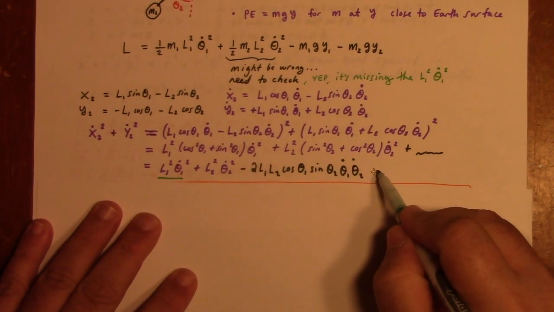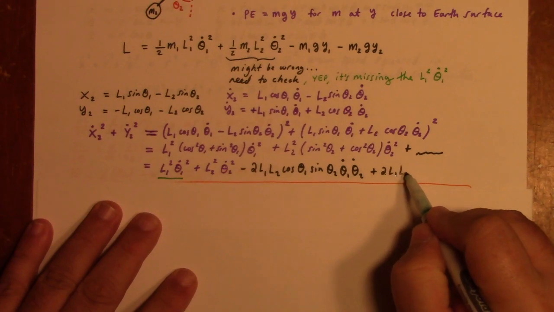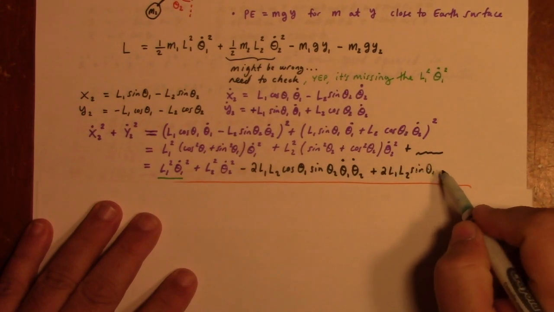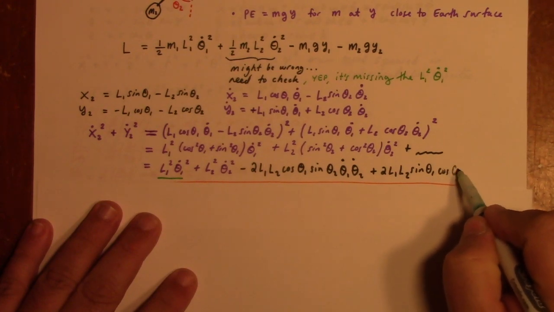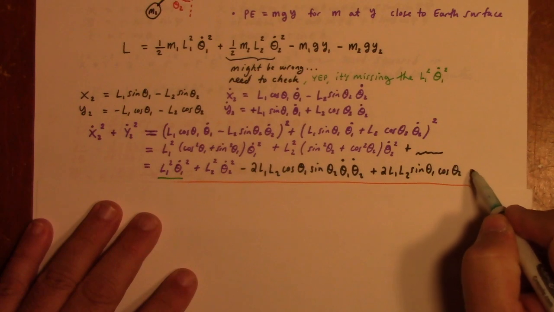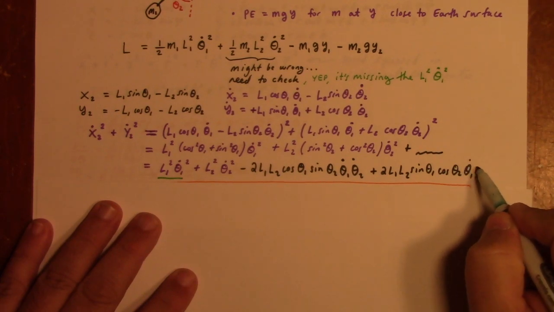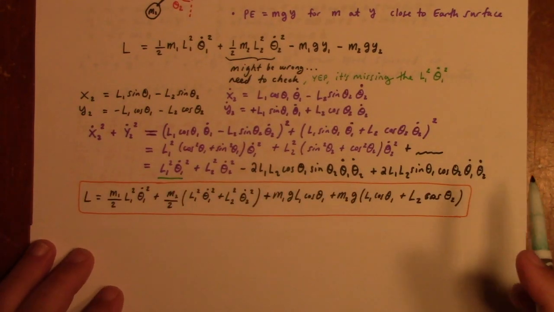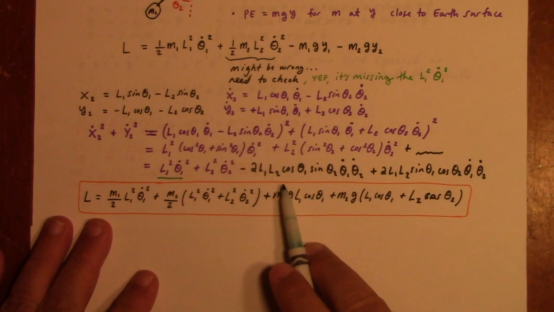And then plus 2 L1 L2 sine theta 1 cosine theta 2 theta 1 dot theta 2 dot. Now I think you could combine those, right? You could put these two together.